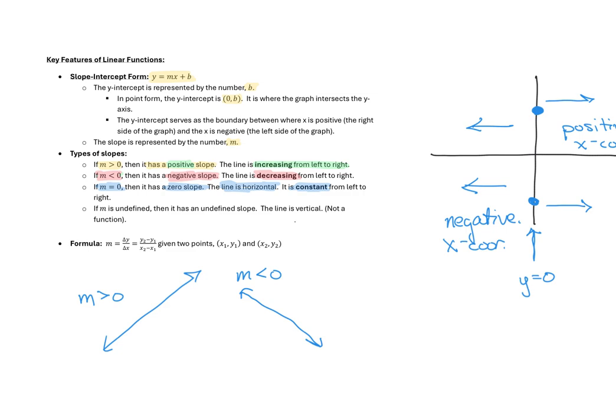It does not change. And so when we draw this, what we have is a horizontal line. We have a flat line. And so it's going to look like this. These are the three that we do want to focus on because we are going to be working with these throughout this module and in the future modules as well.